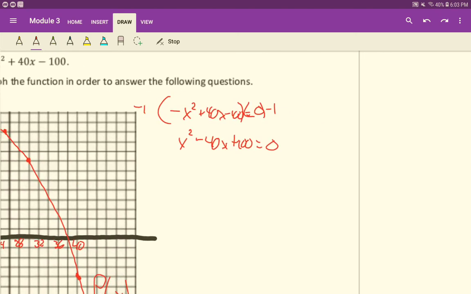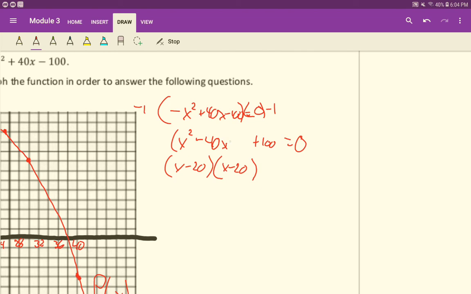So this time I'm going to use completing the square. So let's do that here. I'm going to move that 100 kind of outside here. And so I'll have an x minus 20 there. Those will add to make that negative 40, and then what number will we have right here?